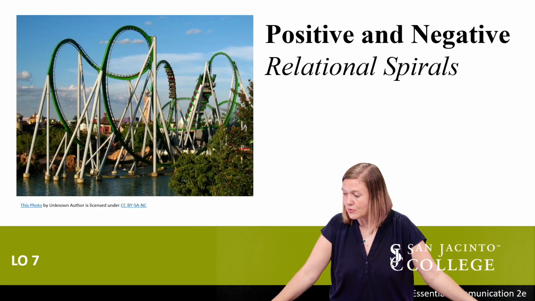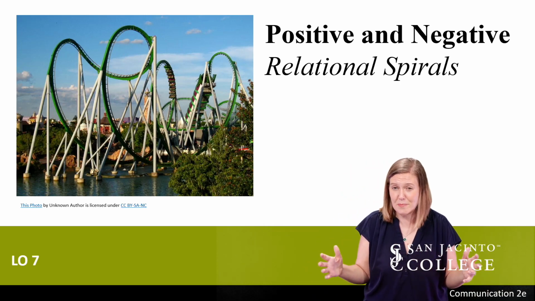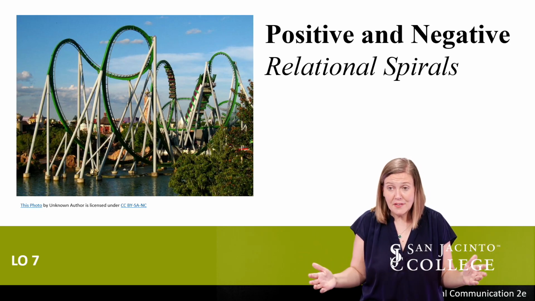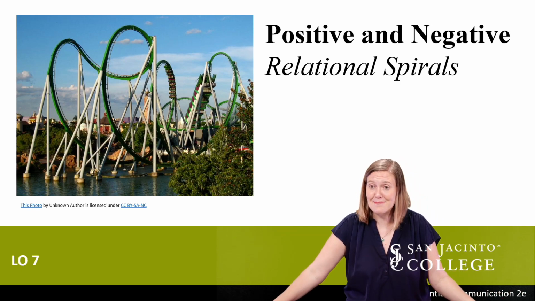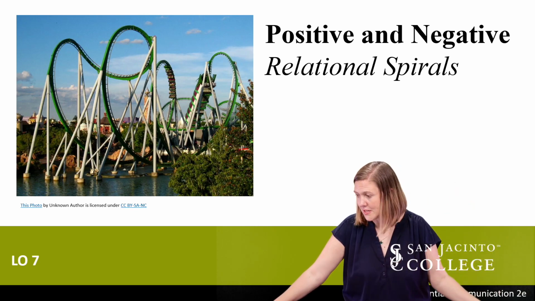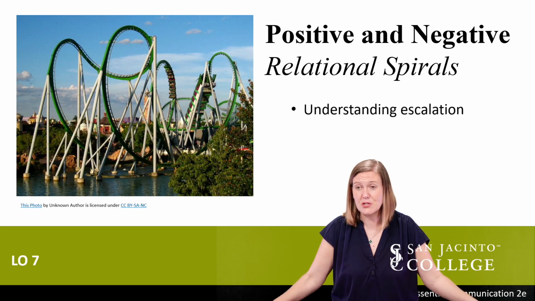I want to go to this last piece of positive and negative relational spirals. If you're human, you're alive, and you've interacted with people for any amount of time, you know that relationships can be a roller coaster, ups, downs, lots of twists and turns. So we want to understand that there are positive and negative relational spirals that happen.